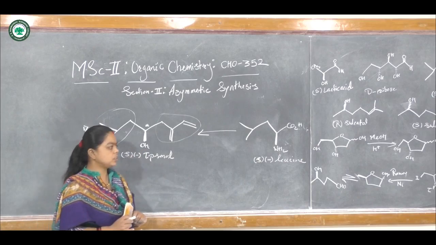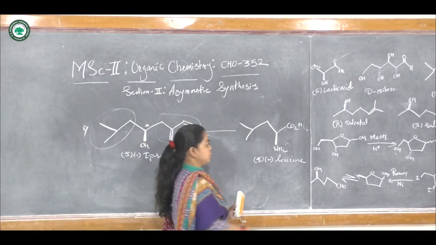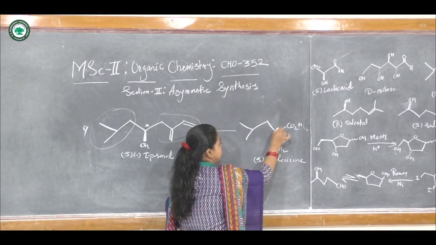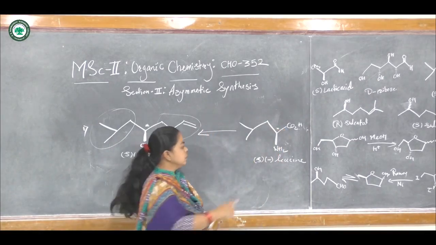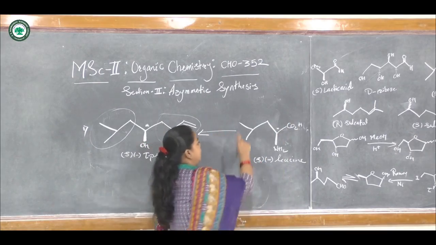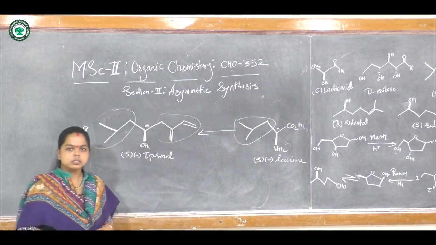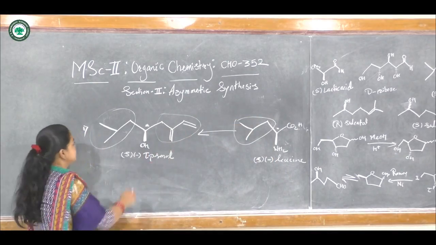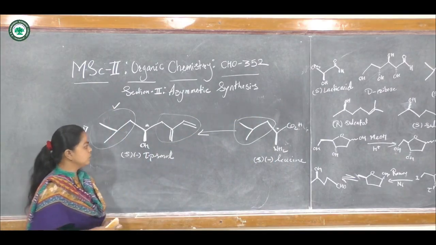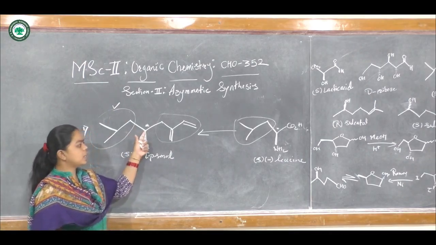If we see the structure of S-leucine, it has the S configuration at this chiral carbon. NH2 group is present, CO2H group is present, and the side chain is an isobutyl group. This isobutyl group is similar to the isobutyl group present in the ipsenol, and next to the isobutyl group there is a chiral center.